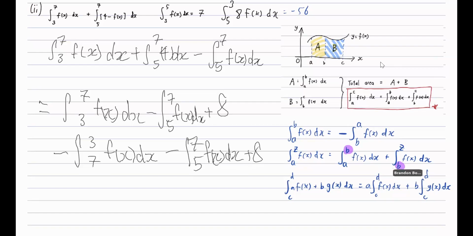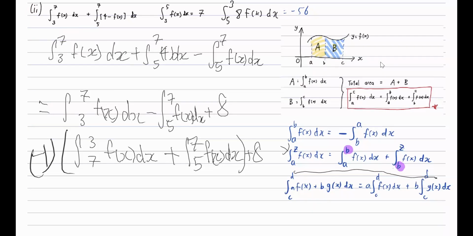Then plus, I factor out the minus 1. Then I can use this one. Because it's addition, you can swap left plus right, right plus left. So it's equivalent to integrating from 5 to 7, then from 7 to 3, which combines to become... wait, I'm confused. The middle number can always be bigger than the two other numbers.